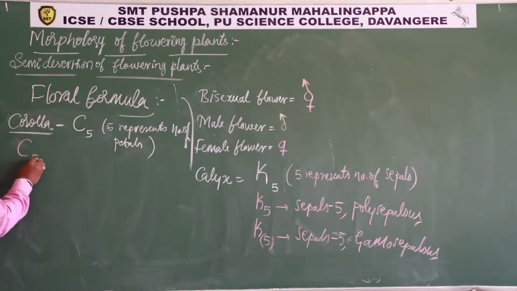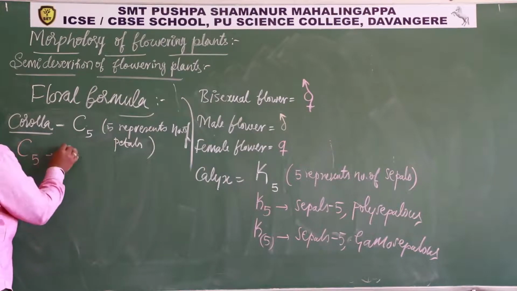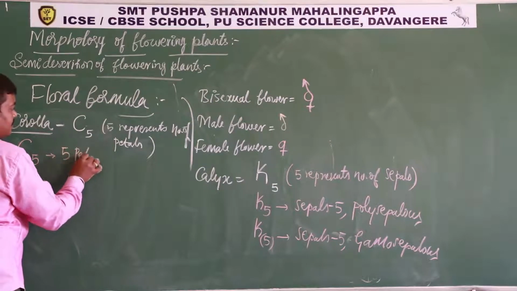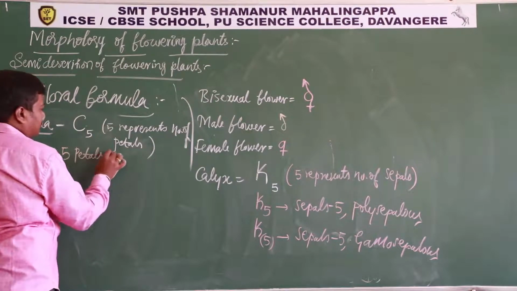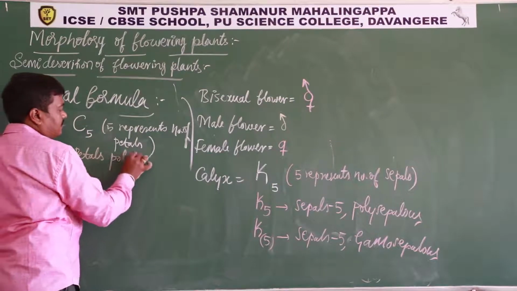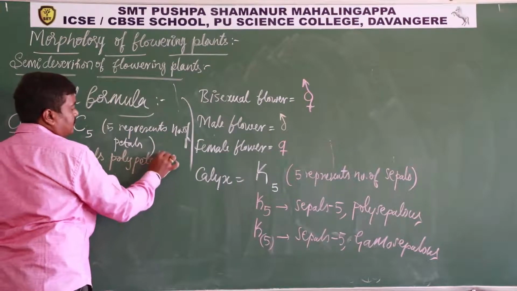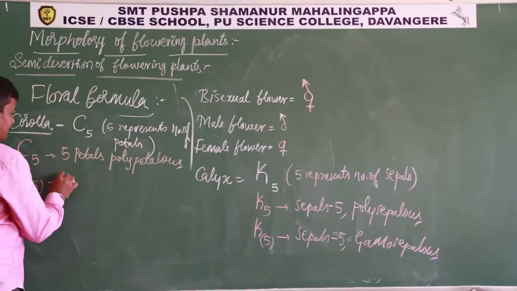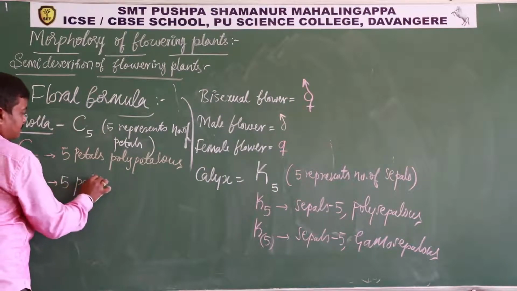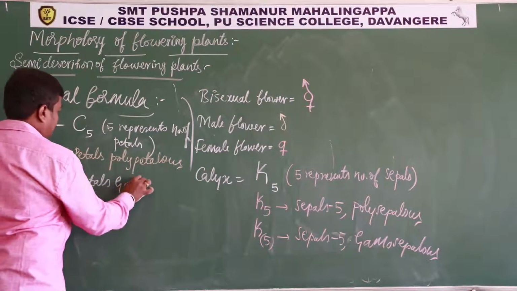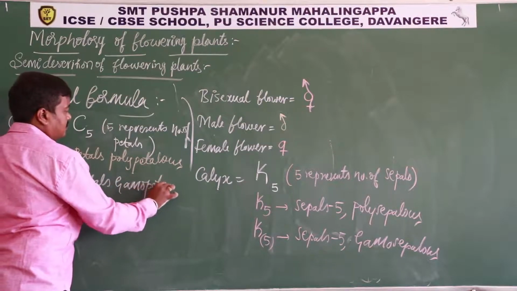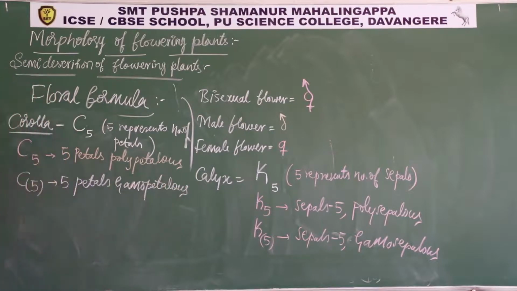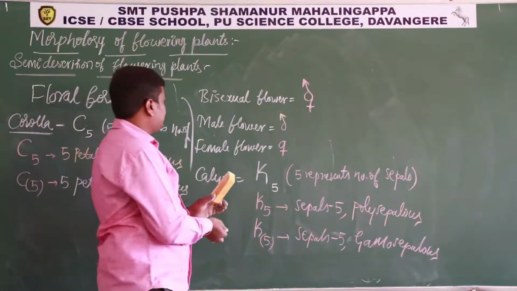Suppose if you write C5, it indicates 5 petals, polypetalous. If you write it within a bracket, it indicates 5 petals, gamopetalous. Okay, so next come to androecium.